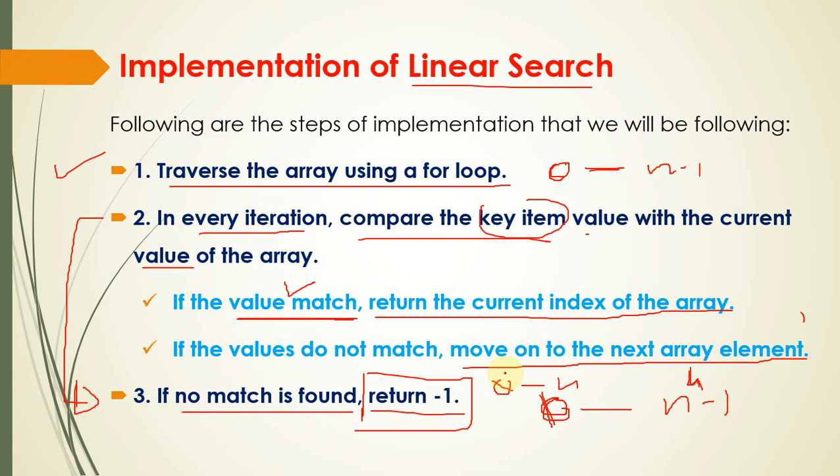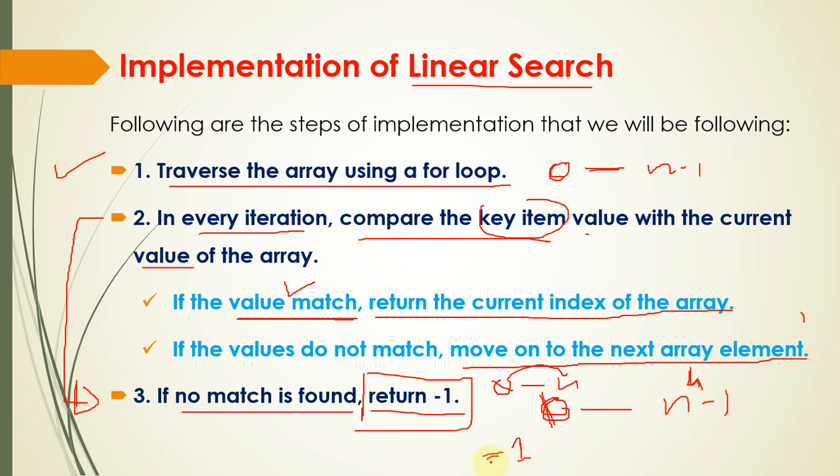Suppose the search item does not exist in the array or the list, then you are going to return -1. -1 indicates not found or not existed. So the index value may be 0 to 4, or 0 to n-1, any place.